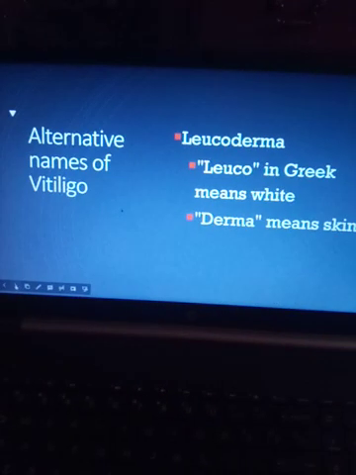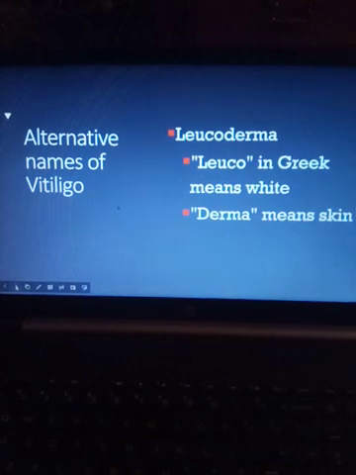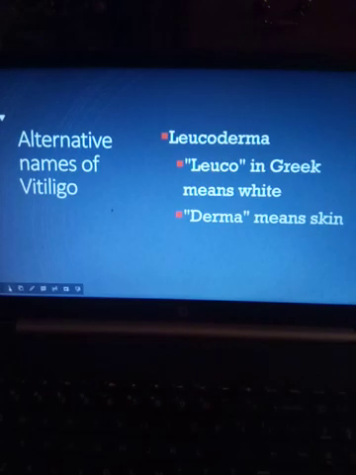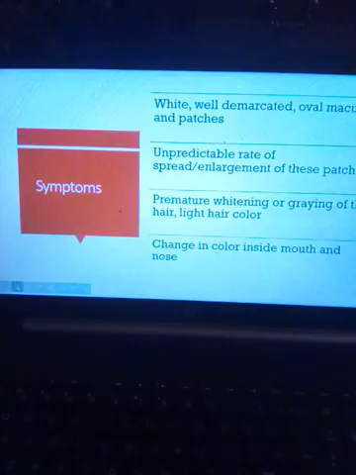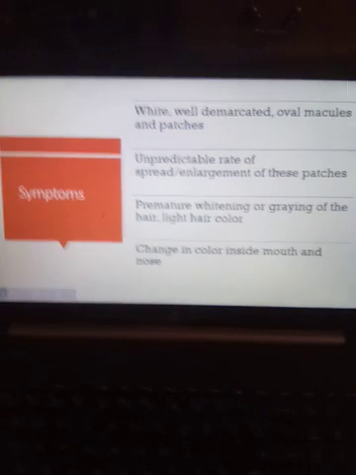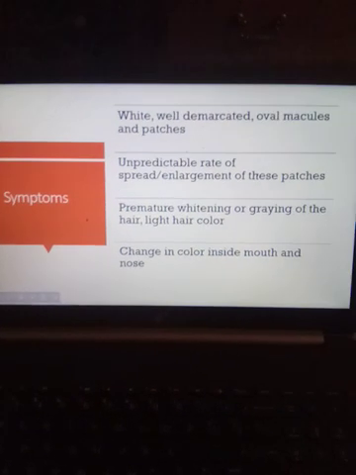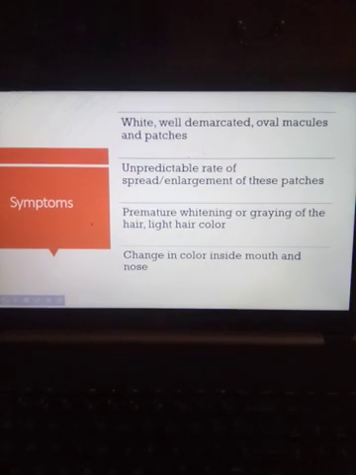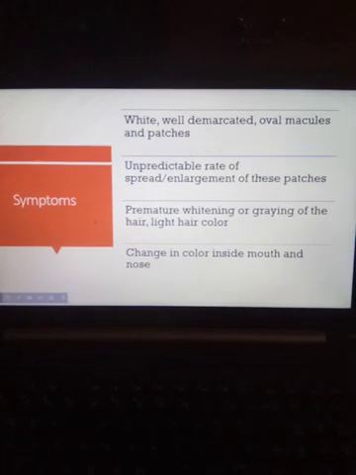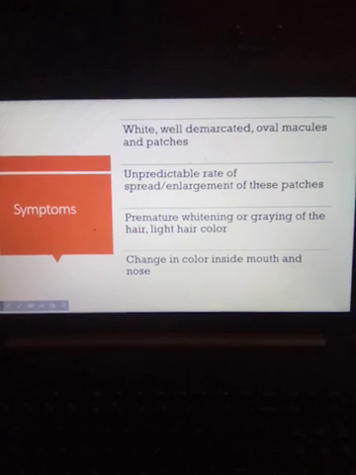Okay, an alternative name for vitiligo is leukoderma. Leuko in Greek means white, and derma means skin. The symptoms are white, well demarcated oval macules and patches, and an unpredictable rate of spread and enlargement of these patches.